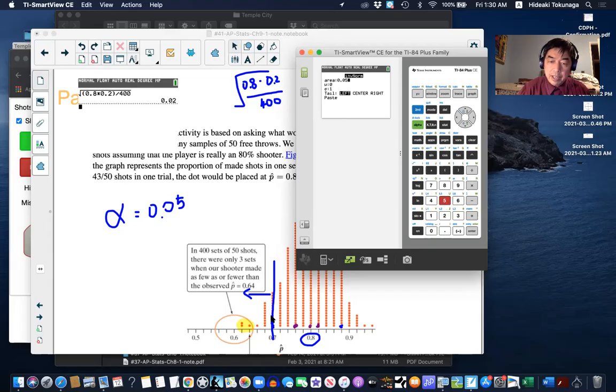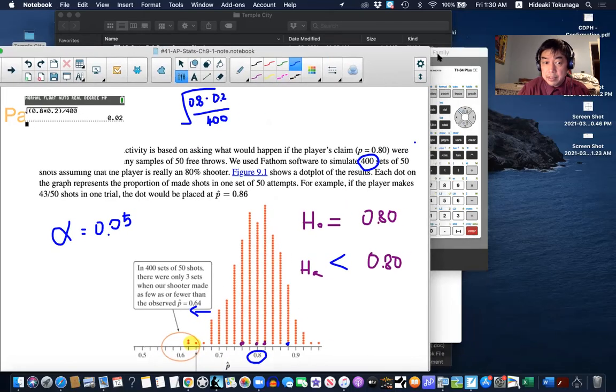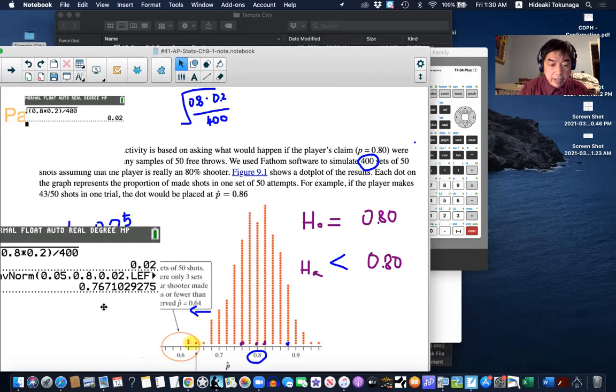So it's only one side, right? Mu is 0.8. Standard deviation is 0.02. So they will show where the cutoff line is. Okay, 0.76. Let me bring this window here. 0.77 actually. 0.77 is a cutoff line for 5%.